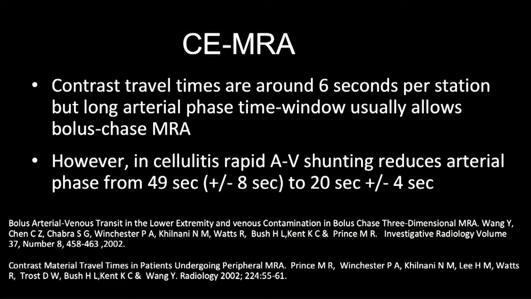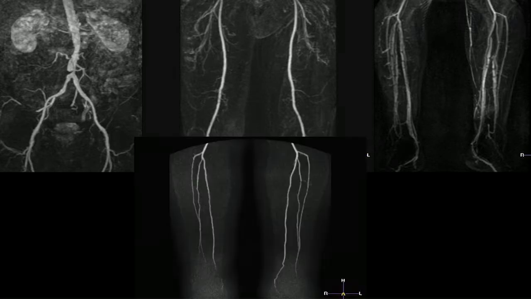And why does that happen? Well, the normal contrast travel times are around 6 seconds per station, but with vasodilatation in the ischemic limb, any sign of cellulitis at all, there's AV shunting and a very rapid transit time between the artery and the venous phase. It's extremely difficult to get a good quality 3-station angiogram, and time-resolved imaging is the solution to that.